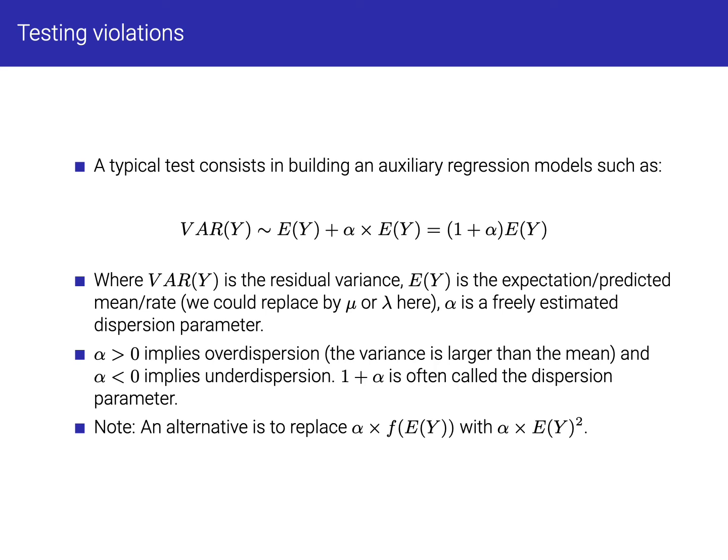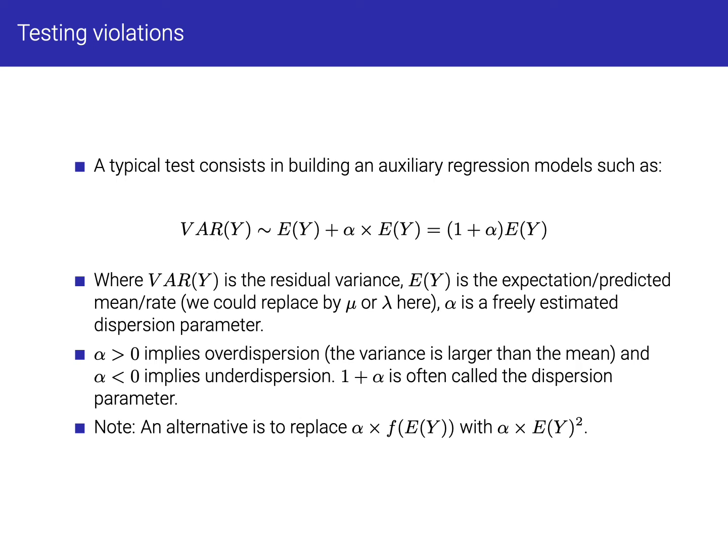A typical test for this consists in building an auxiliary regression model, a little bit like what we do for linear models with the Breusch-Pagan test, where we study how the variance could vary as a function of the predictor.